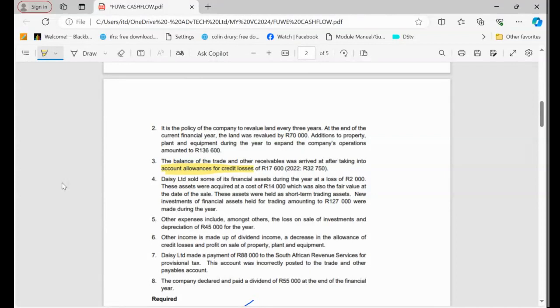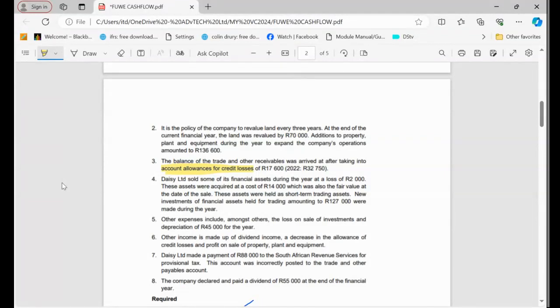Do you think the impact is positive or negative in a way? Negative. So if you keep on increasing your allowances for credit losses, you keep taking money from your business for those bad debts. Can you see now? Yes.